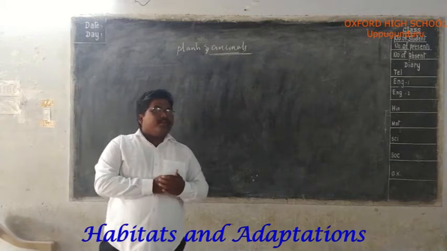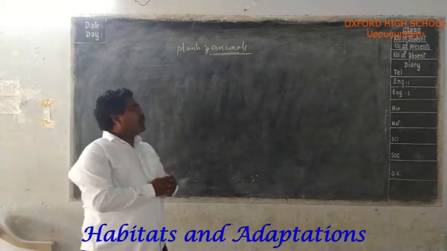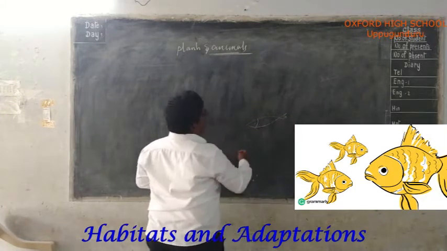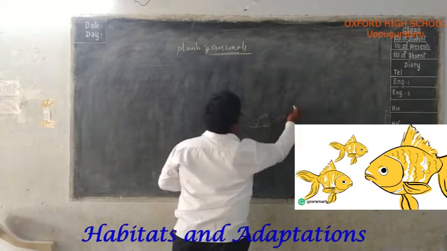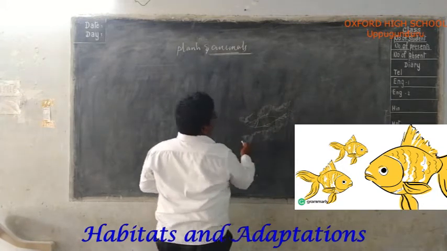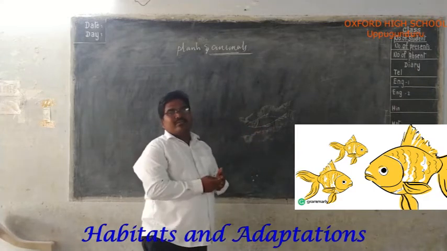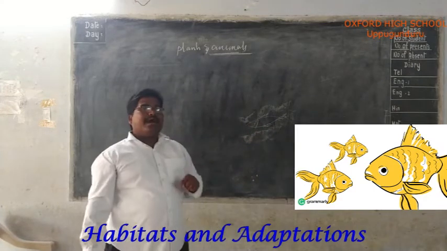Do you understand that? For example, if we take an example of a fish, the fish lives only in water. If we take the fish out of the water, it can't survive. It can live only in the water.